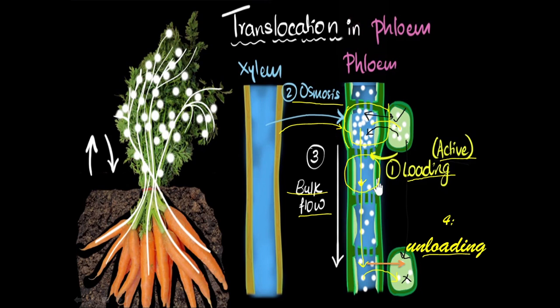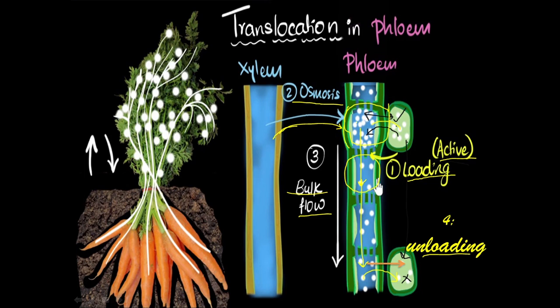And when the phloem is rich in solute particles, or rich in concentration, the xylem vessels which lie next to it, the water will start to move to the phloem in order to balance the concentration of the solute. Now, as the flow of water is happening continuously, that part of the phloem will start to swell up because of the inflow of the water.